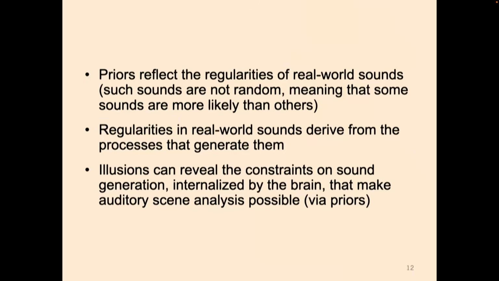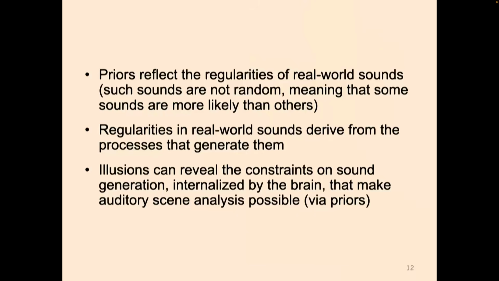We've just seen this demonstration that the sounds that we hear in the real world are not random. Some sounds are a lot more likely than others. The doorbell is the kind of thing that can occur in life. There are other things that wouldn't. And these regularities in real-world sounds derive from the processes that generate them. Sounds are generated by lawful physical processes for the most part, governed by physical laws, so you can't get any old thing.